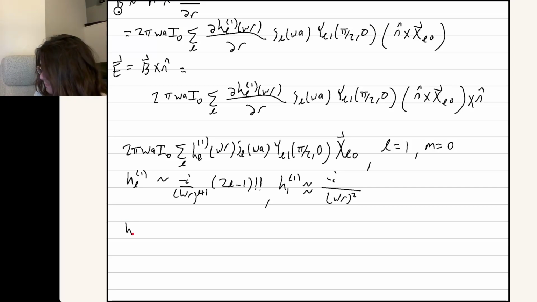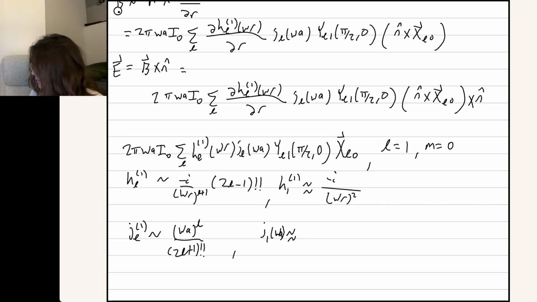And then there's also the near zone approximation for the spherical Bessel function, which goes like (ωa)^l over (2l+1) double factorial. So for us, we have j₁ of ωa is going to look like ωa over 3.